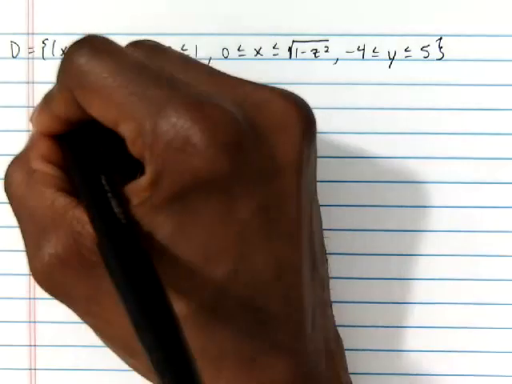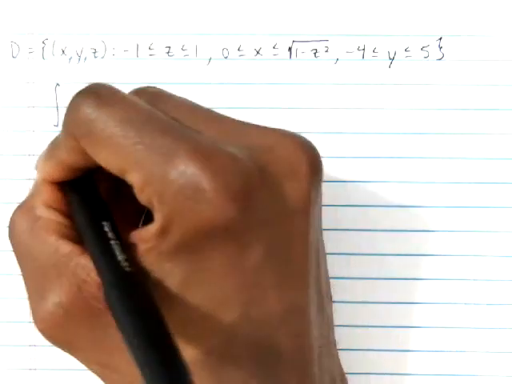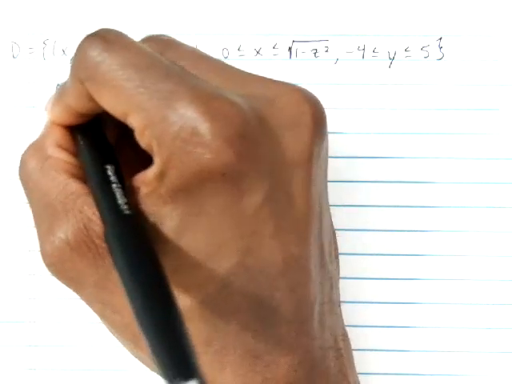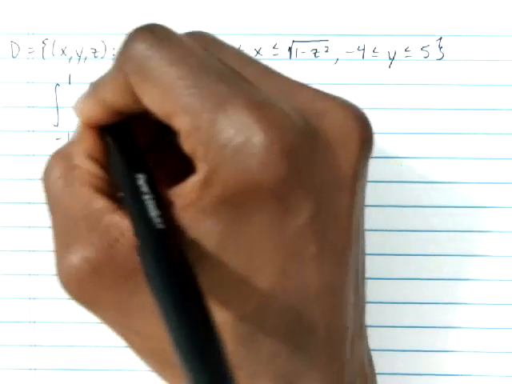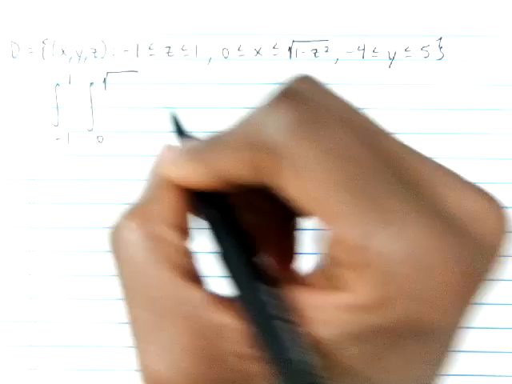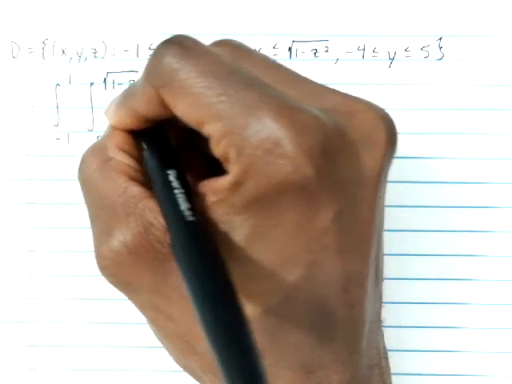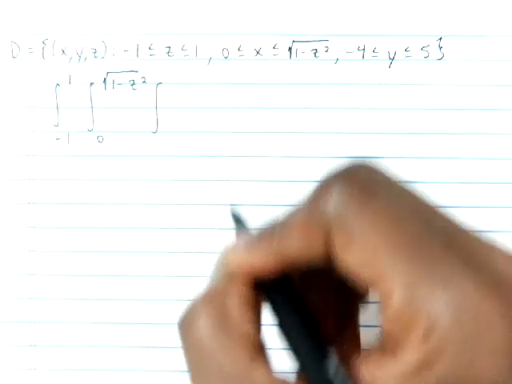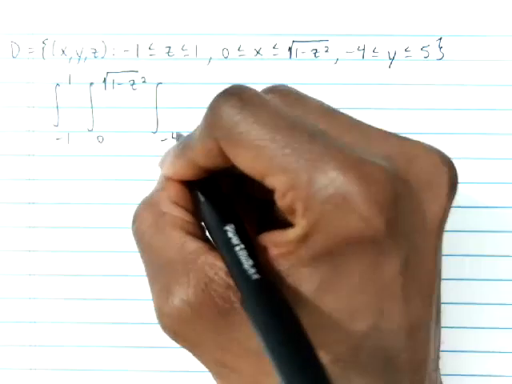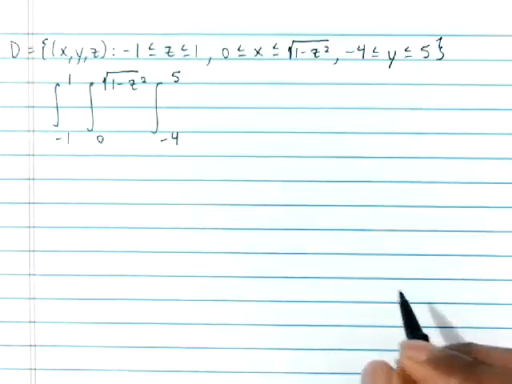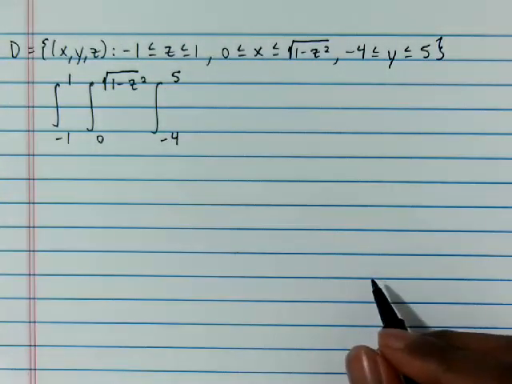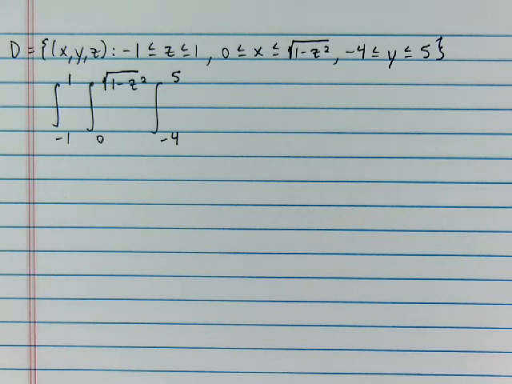So now our iterated integral, constant to constant, -1 to 1, function of one variable to function of one variable, 0 to square root of 1 minus z squared, and then function of two variables to function of two variables. It just so happens that they are constants, -4 to 5. And our integrand again was x plus z.